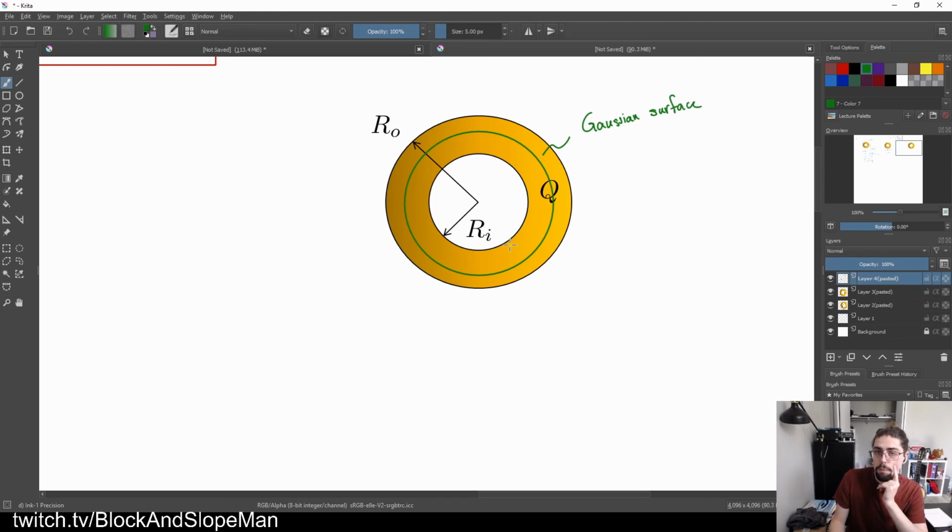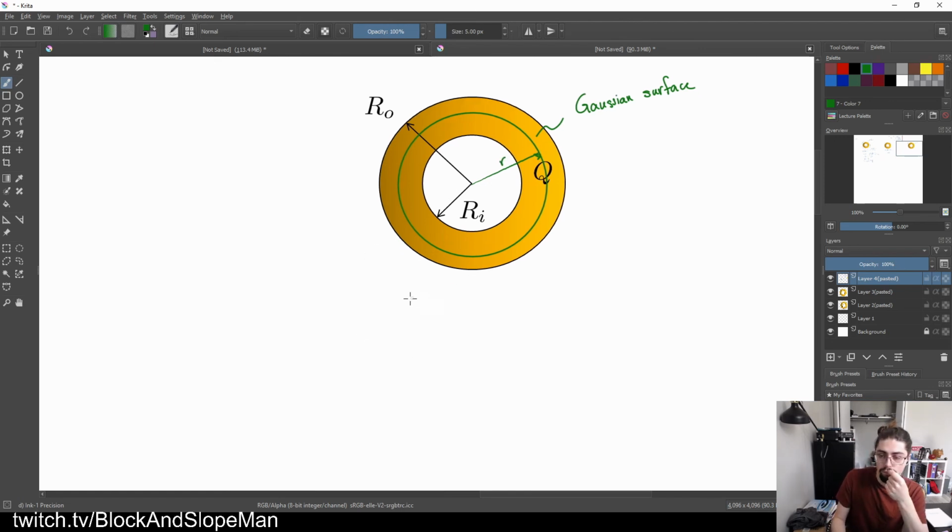Now here's a tricky bit. Let's first go through and define the same things as last time, right? So it's still got R, all that good stuff. Okay. Gauss's law, what does it tell us? Got this same piece right here.